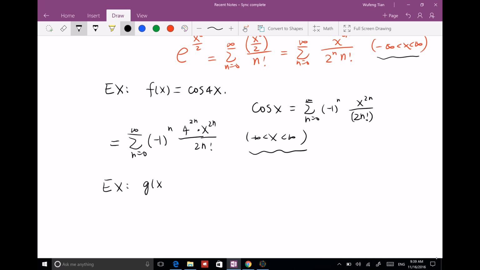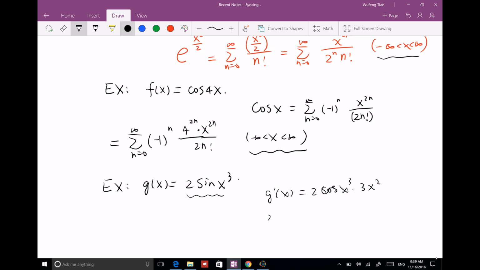So the next one, for example, g(x) equals 2 sine x cubed. You know why I don't want to use the derivatives to do this one? Because the first derivative is going to be 2 cosine x cubed times 3 sine x squared.